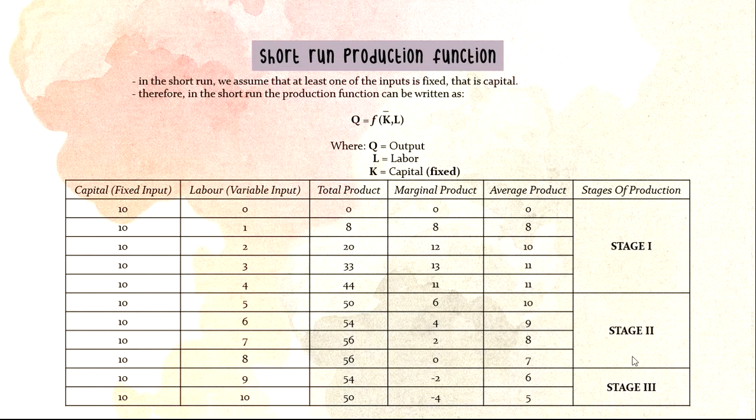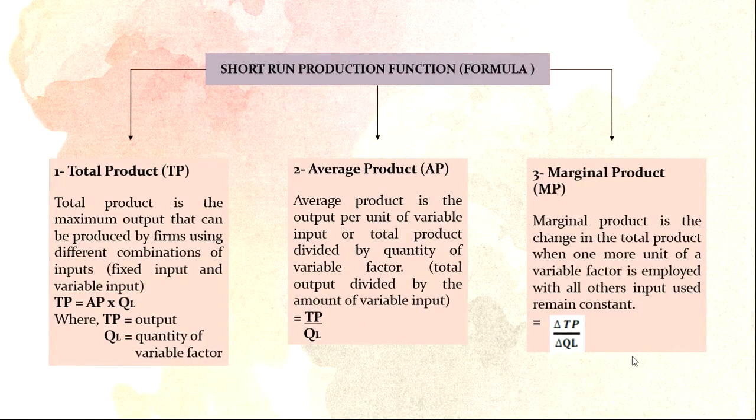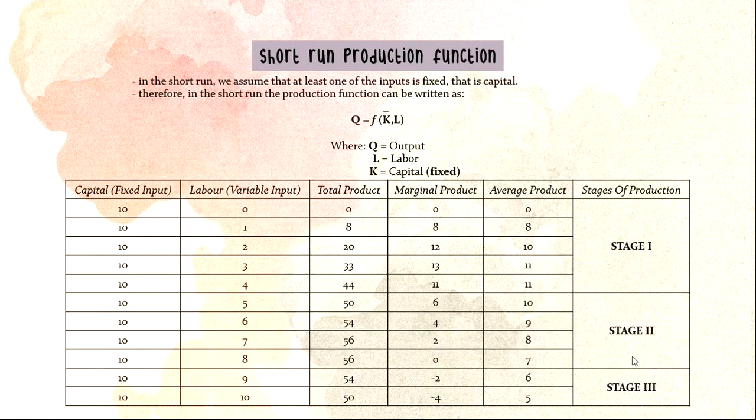We can use the formula here, which is average product times quantity of variable factor. Let's see the example for the total product at number 8.